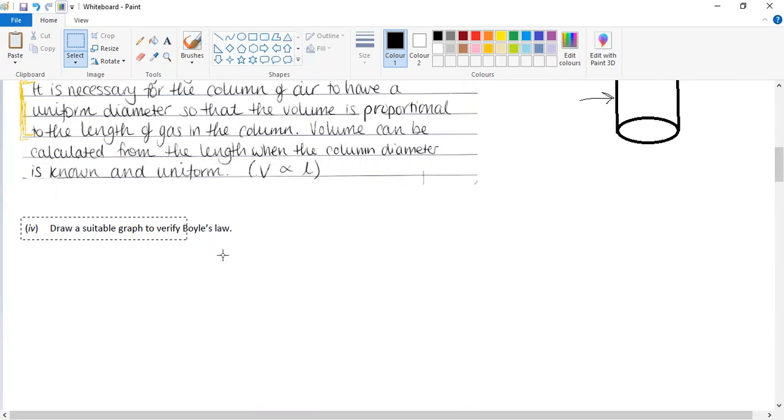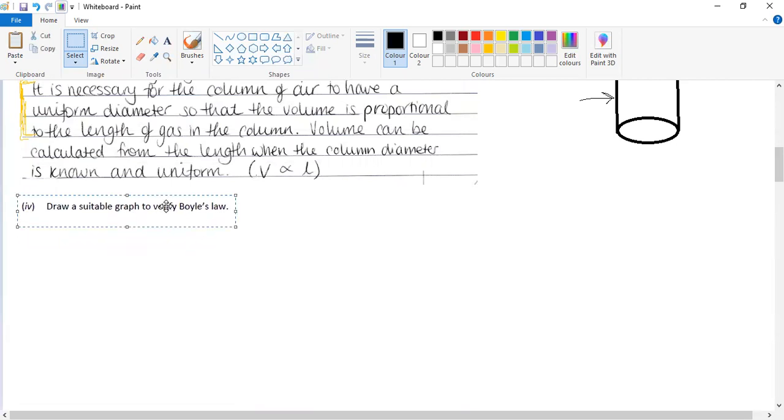So we have the idea from Boyle's law that pressure is proportional to 1 over volume, but we don't have volume in this question. So typically my graph might look like this: pressure against 1 over volume, and you'd hope that you get a straight line through the origin to verify Boyle's law, because that shows proportionality, and that's what we're looking for.